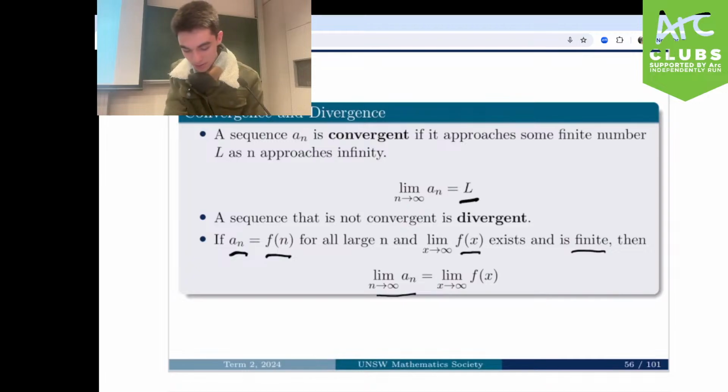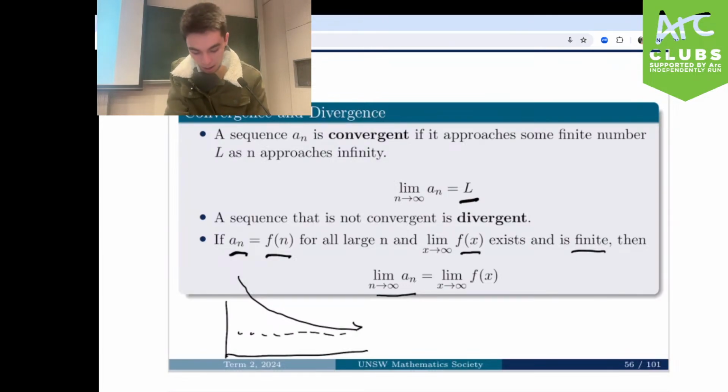And this should make sense logically, right? If we have some function that approaches some limit, and the elements of the sequence are just the values of the function at integer inputs, then it's obvious that those values have to approach the same limit too, right?